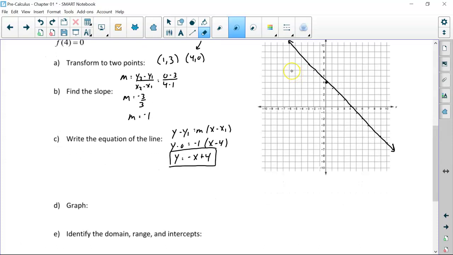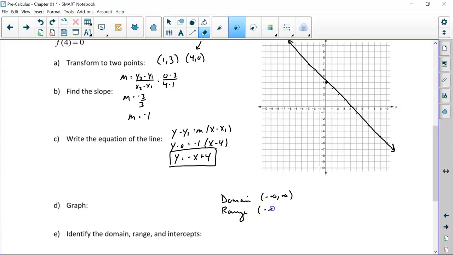Now, identifying the domain, range, and intercepts. Our domain, it's all real numbers. So in interval notation, we're going from negative infinity to positive infinity. Our range is all real numbers as well.